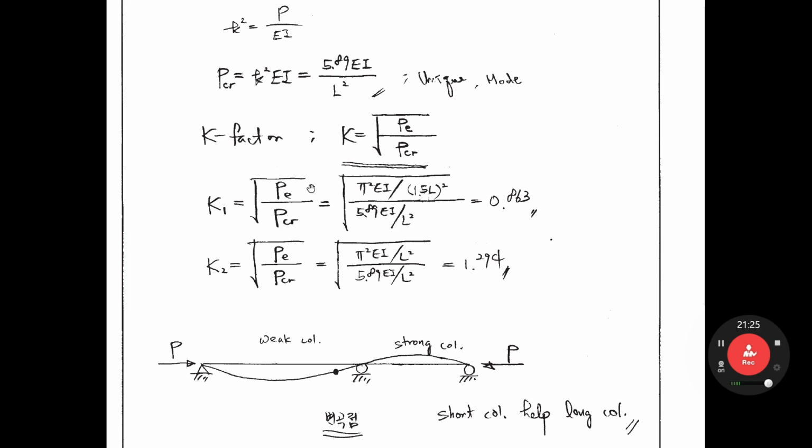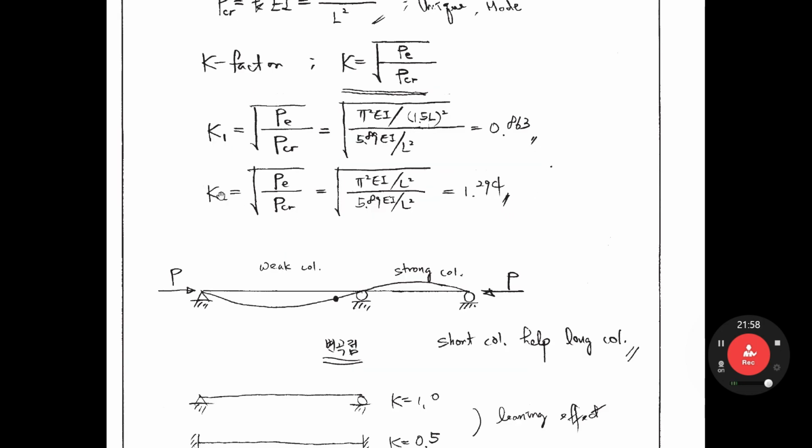PE, Euler buckling load. If you consider this column only, if we ignore the right hand side, simply supported column case, P equals pi square EI over L square, but this L is 1.5 L. You use this value, then you can get 0.863.